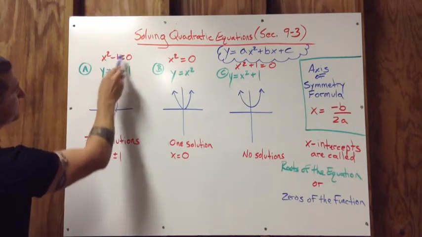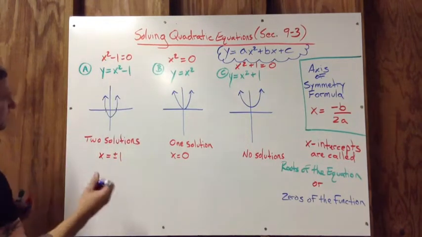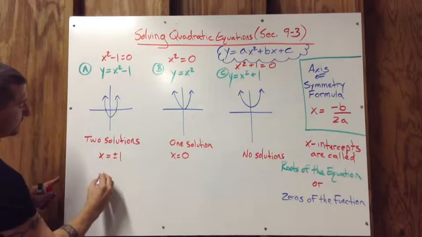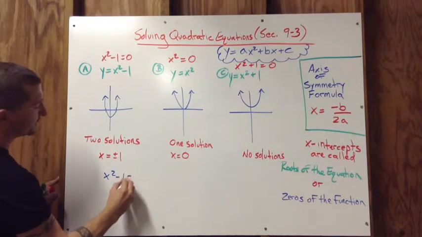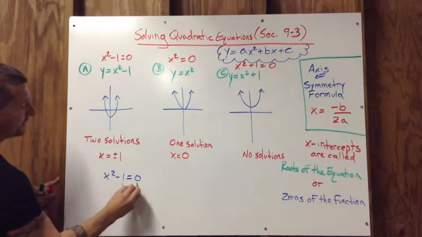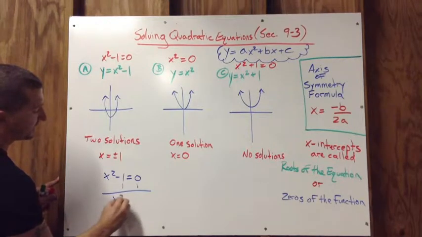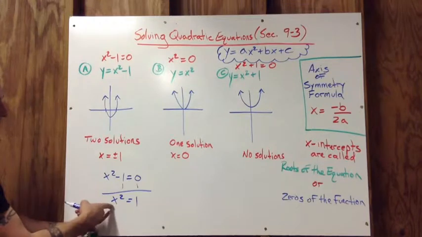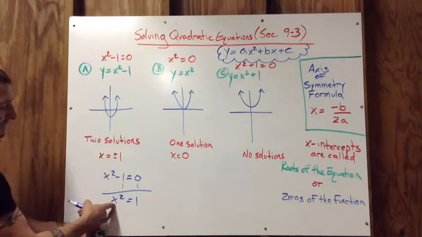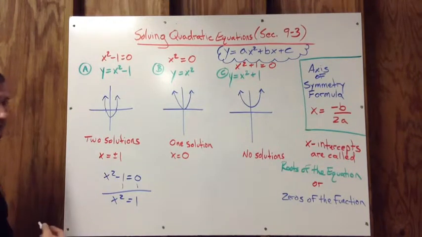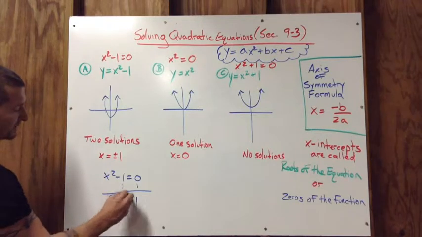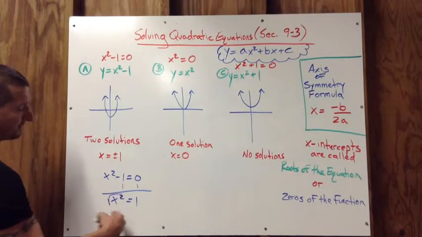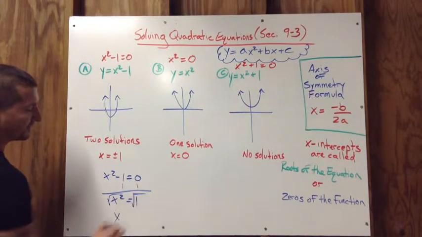If we were to just look at the equation and solve it, we would say x squared minus 1 equals 0. So we would add 1 to both sides. We'd get x squared equals 1. Now, the way we solve for x here, if we want to get rid of that exponent, we just take the square root, and that gives us x. But then we need to take the square root of the other side of the equation.